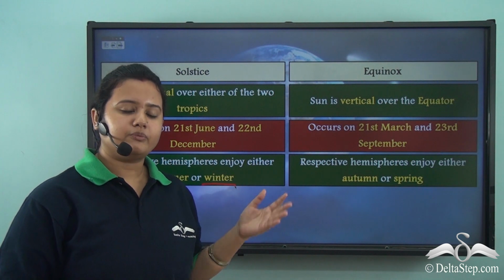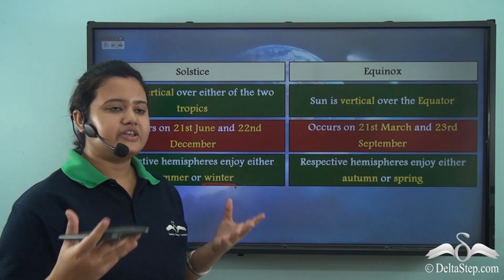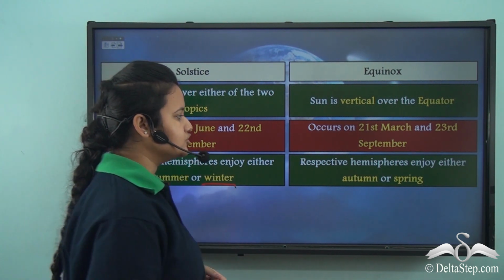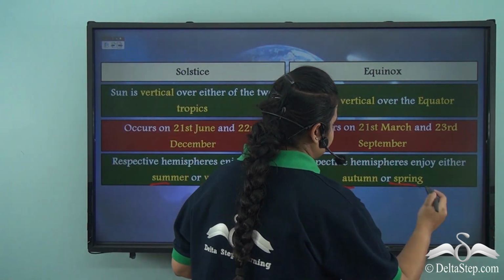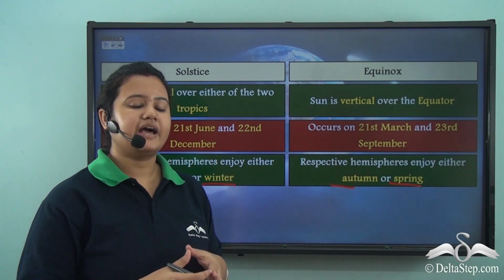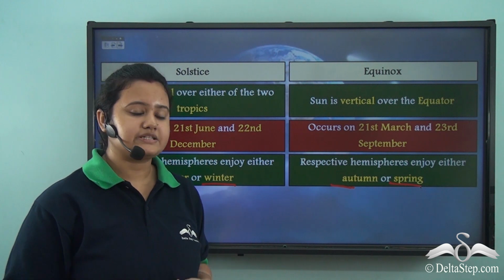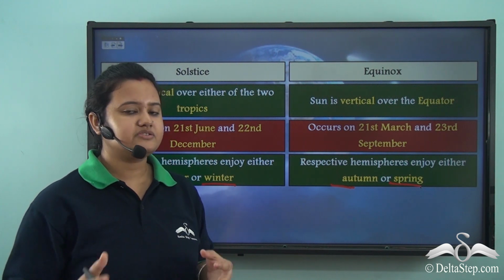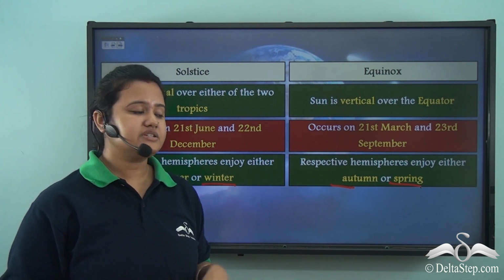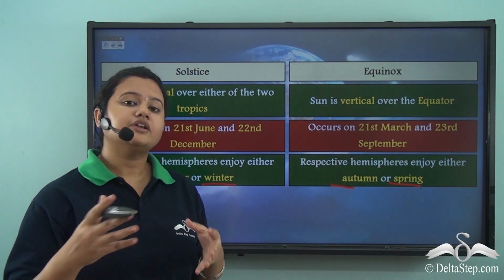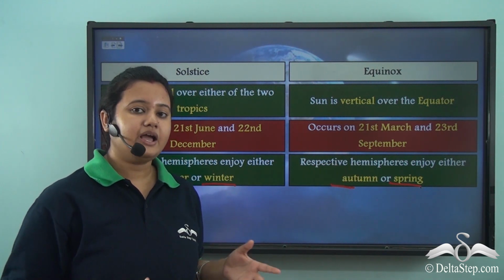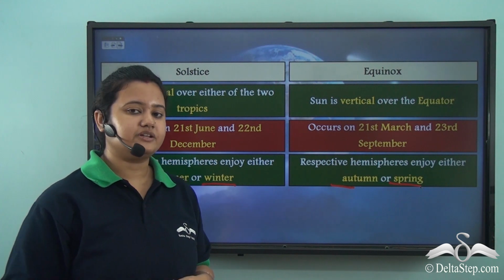Now, coming to equinox. During equinox, the respective hemispheres either enjoy autumn or spring. During autumn equinox, as we know, the northern hemisphere experiences summer, but southern hemisphere experiences spring. Whereas during spring equinox, the northern hemisphere experiences spring, but the southern hemisphere experiences autumn.